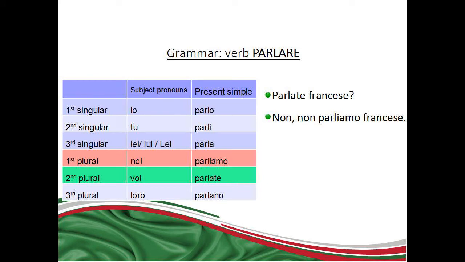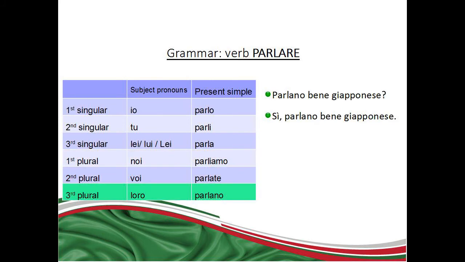No, we don't speak French. Parlano bene giapponese? Do they speak Japanese well? Sì, parlano bene giapponese. Yes, they speak Japanese well.